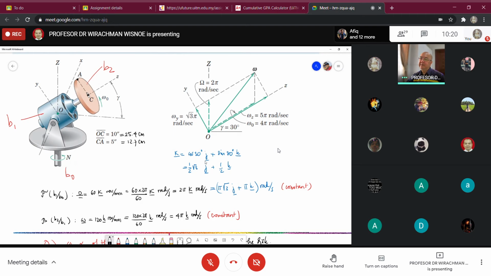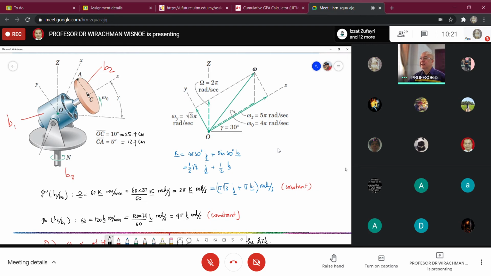So we have the capital K, which represents the capital Z axis.